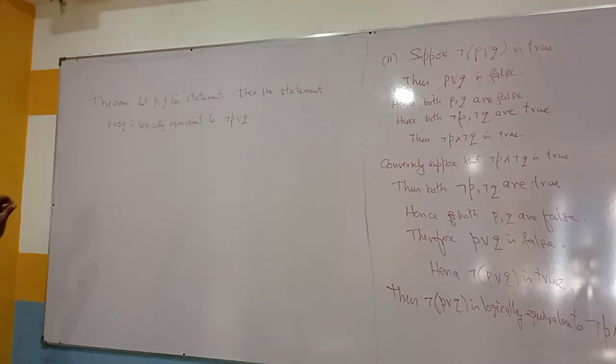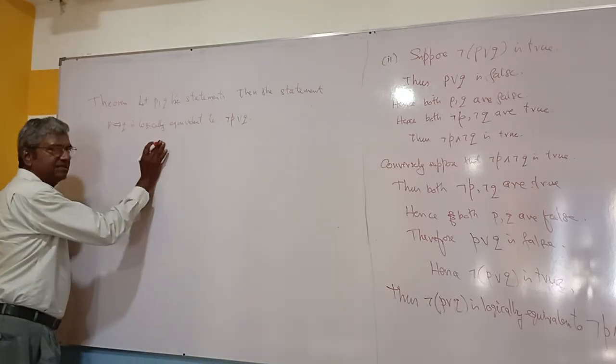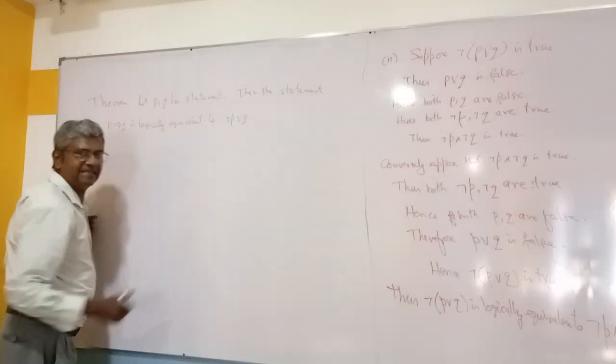Therefore, if you look at that chart of the truth values, you can see that they are the same. But do you really feel it? It is a different thing. Okay, so let's prove it quickly. However, this is a very important one because you don't have any implication sign here.